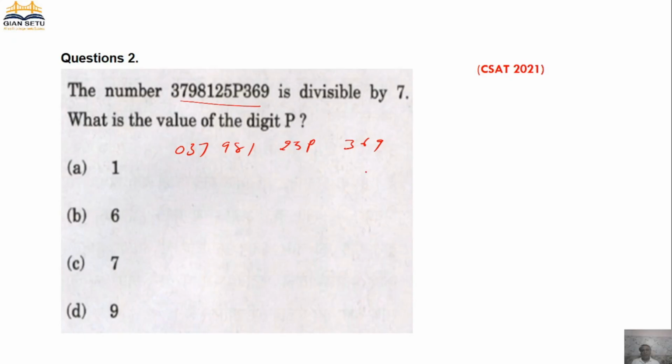Okay, so we can also write this number as 250 plus P and 369. Now we add and subtract alternate numbers.